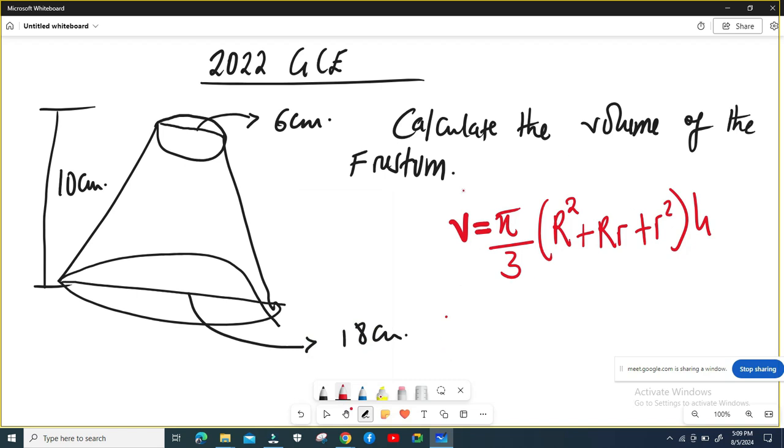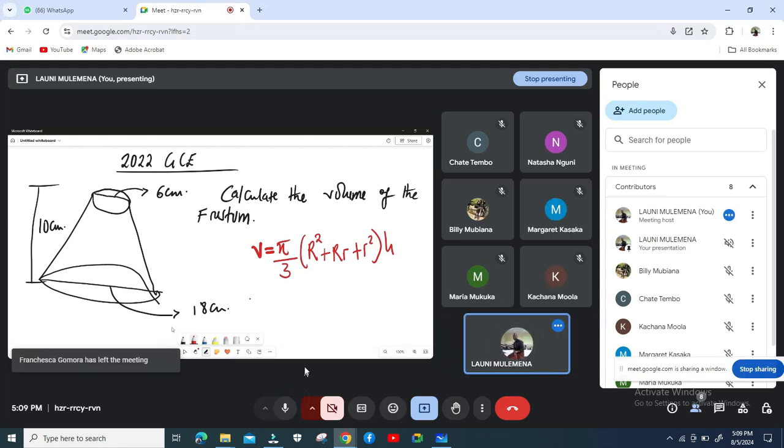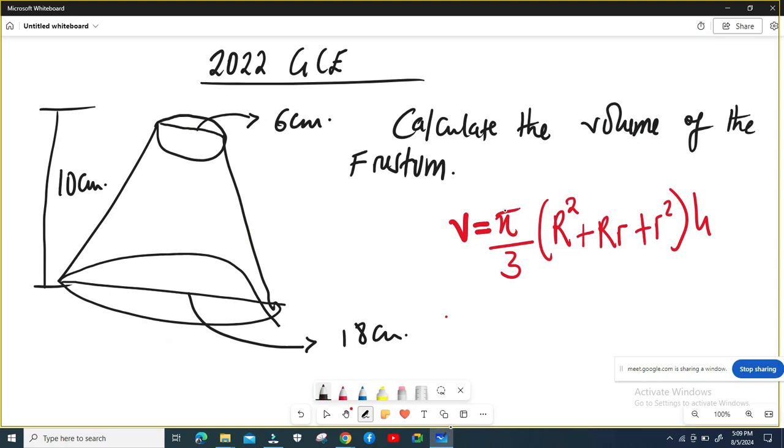With this formula, we need to appreciate what each letter stands for. Pi is a standard value, always there, given as 3.142. Capital R is the radius of the base, the radius of the big circle, while small r is the radius of the small circle.